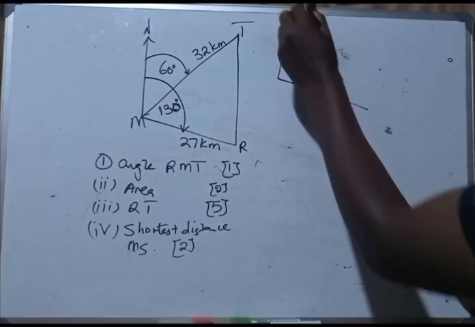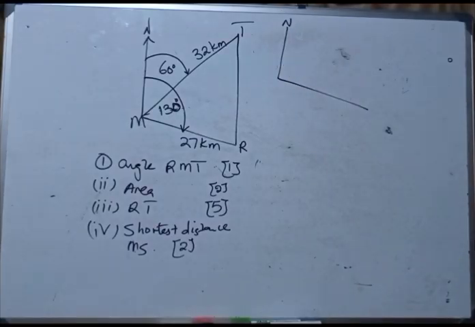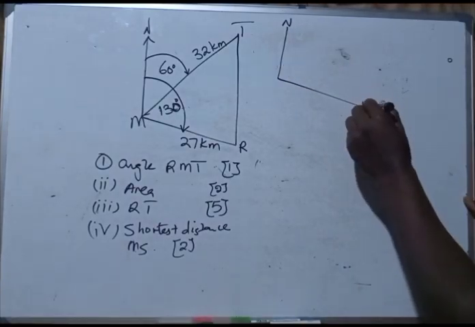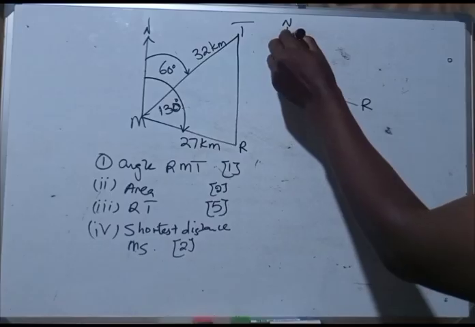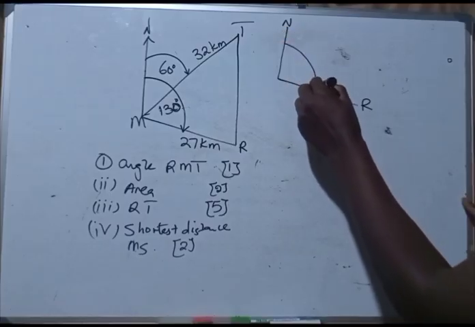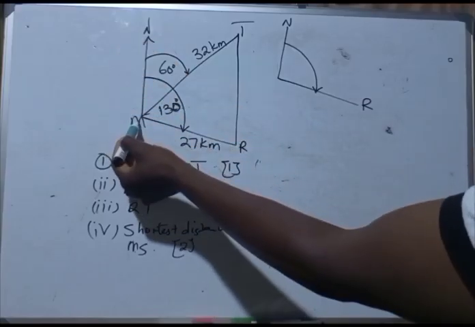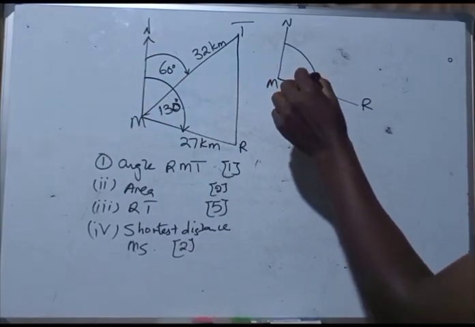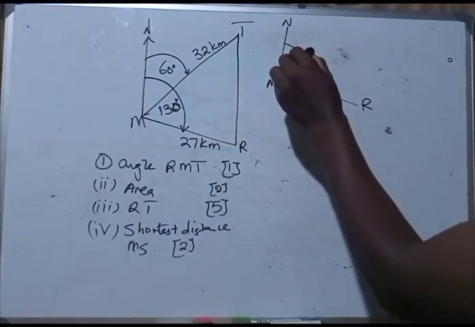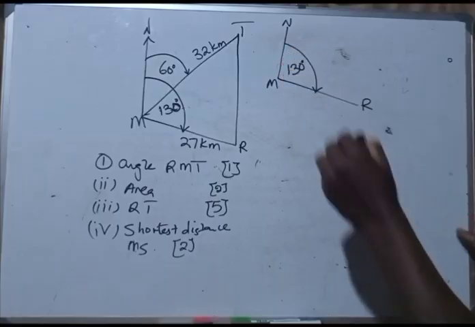We have the N there and we have the R there. So the entire angle from N, M, and R is 130 degrees.